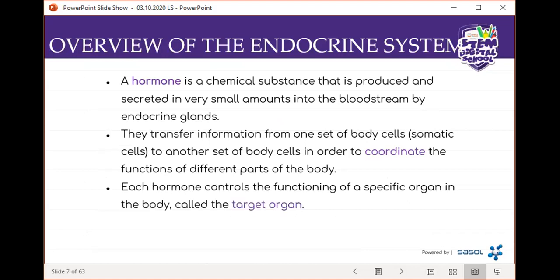Each hormone controls the functioning of a specific organ in the body, and we call that organ the target organ. And you know that in the nervous system, the organ that a nerve impulse acts on, we call it the effector.